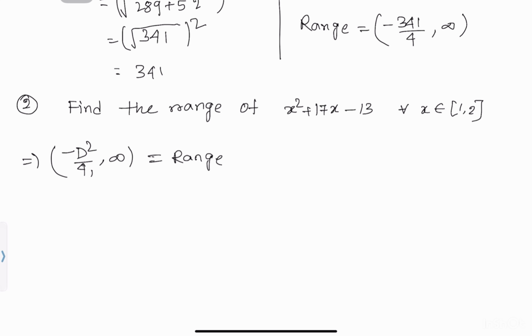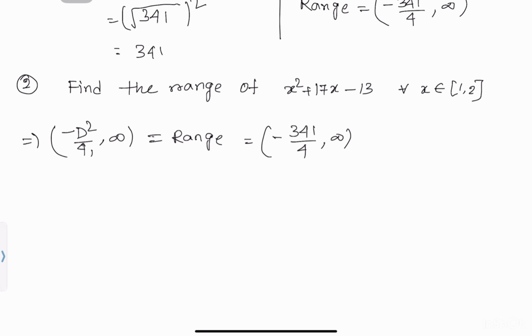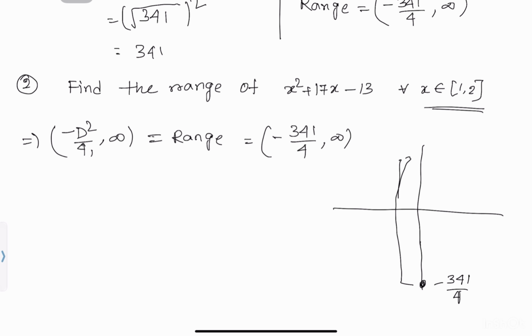So this is the range, and our answer came out as minus 341 by 4 to infinity. But the main problem is I have to find the range between 1 and 2. This starts from minus 341 by 4. If I draw this graph, assume 341 by 4 here, that means from here to infinity.